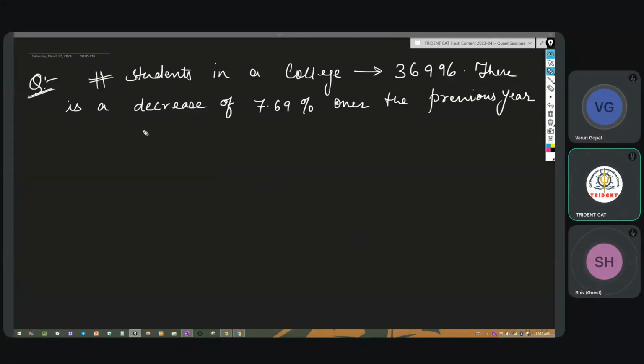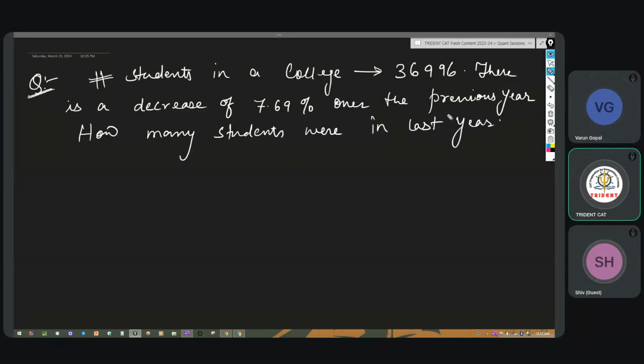How many students were there last year? Question is pretty comprehensive. I think I've just written it like that. Number of students in a college is 36,996. There is a decrease of 7.69% over the previous year. Pay attention to this part. How many students were there last year?